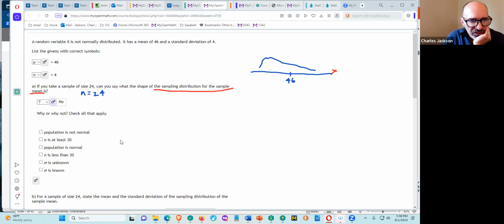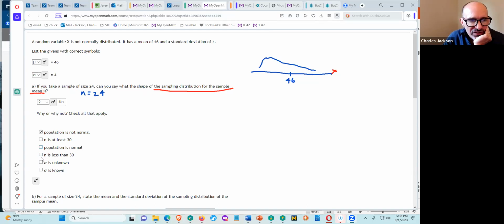Why or why not? Check all that apply. Population is not normal. That is critically important. And it says that, yeah, not normally distributed. N is at least 30, which is not even true. Population is normal. That's not true.